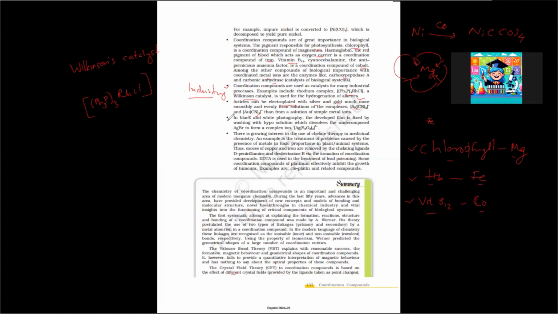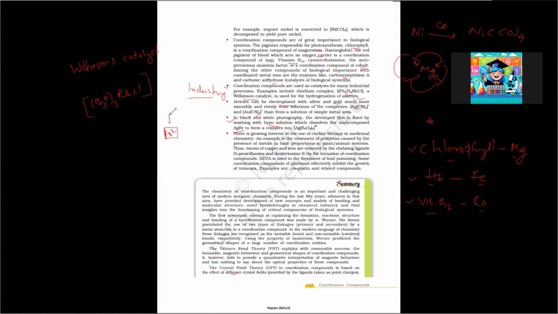And then there is photography, black and white photography. In earlier times, you used to have still photography, black and white photography. The development of film is done, and it is fixed by washing with a hypo solution, which dissolves the undecomposed silver bromide. In still photography, the film is coated with silver bromide.